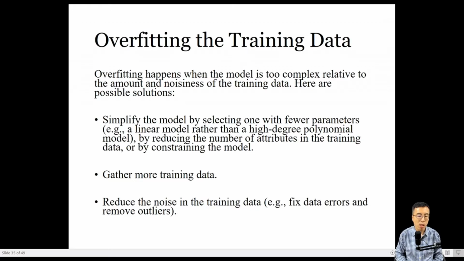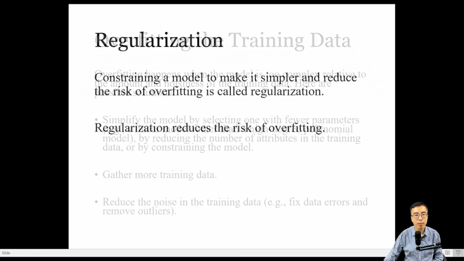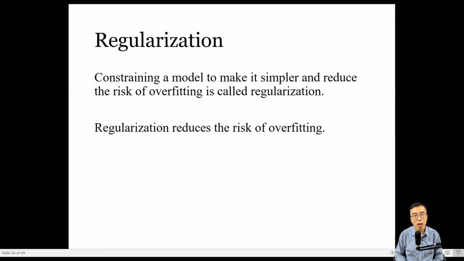And second, you probably want to get more training data if it is an available option. And you may also want to reduce the noise, basically by fixing the data errors and removing outliers in the training data. So regularization is a common approach to constrain a model so that the model becomes simpler and then reduce the risk of overfitting.